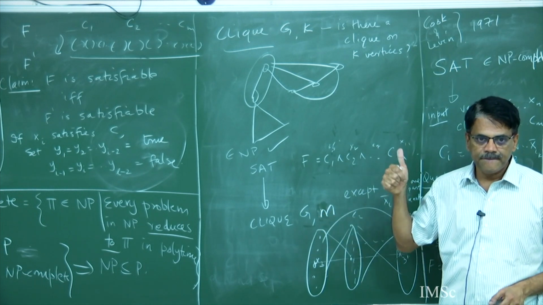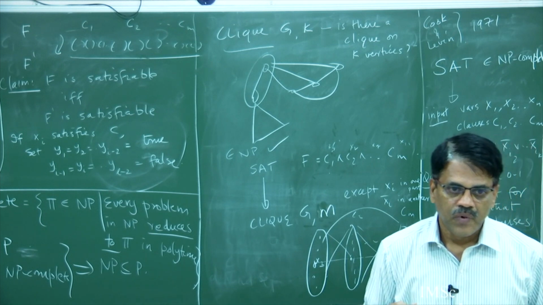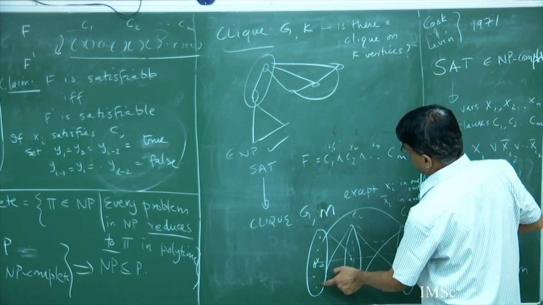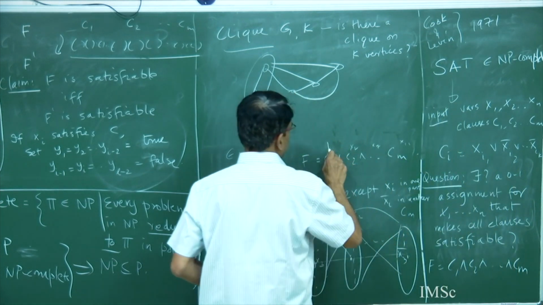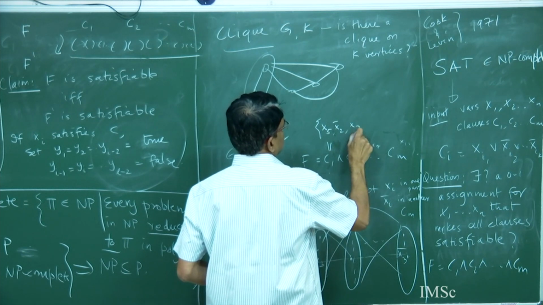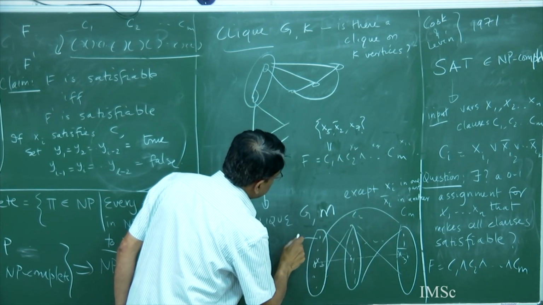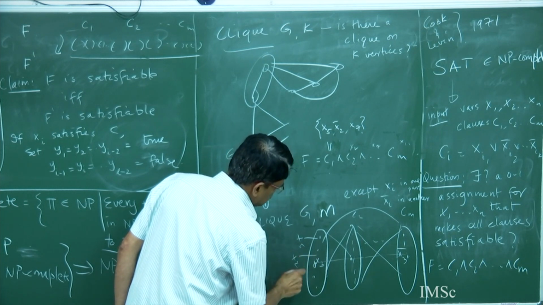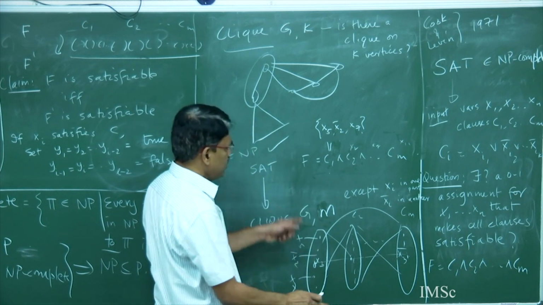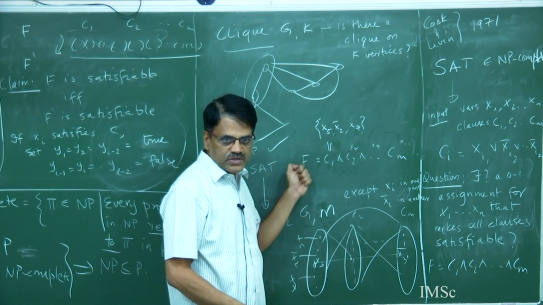Now, remember that the graph is constructed from these clauses. So, C1 may contain x5, x2 bar and x7. Then the corresponding vertices here would be: this corresponds to x5, this corresponds to x2 bar, this corresponds to x7. So, I have constructed the graph exactly mimicking these variables.